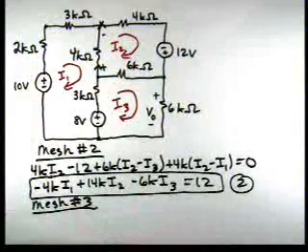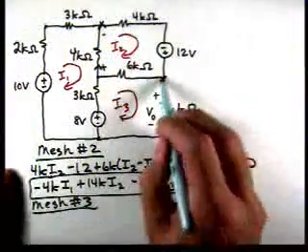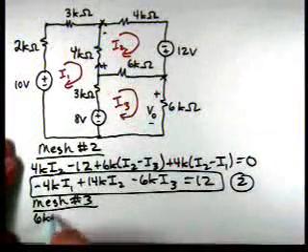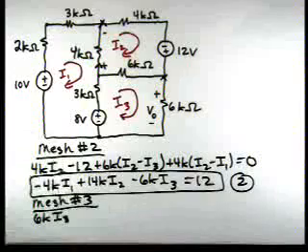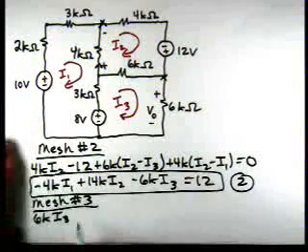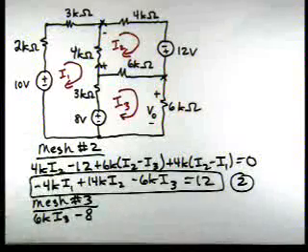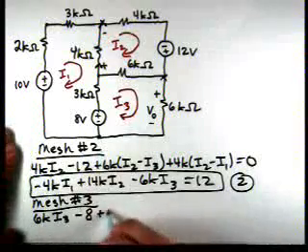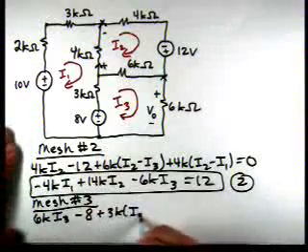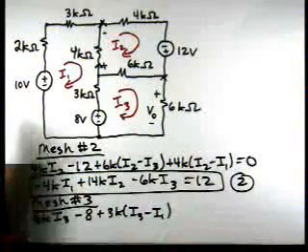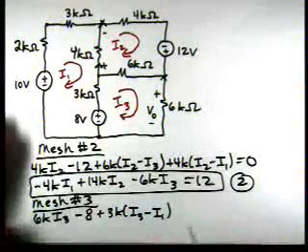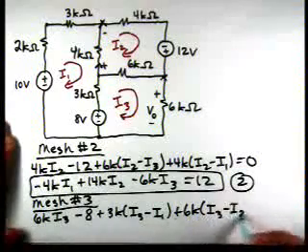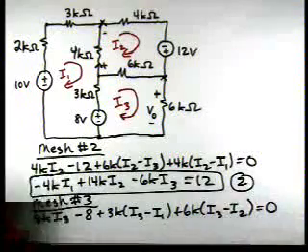Okay, so if we start here and go around clockwise, we'll have 6K I3 minus 8. Then we'll have 3K times I3 minus I1. And then we'll have 6K times I3 minus I2 equal to 0.